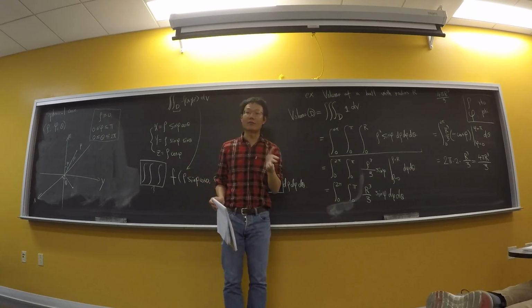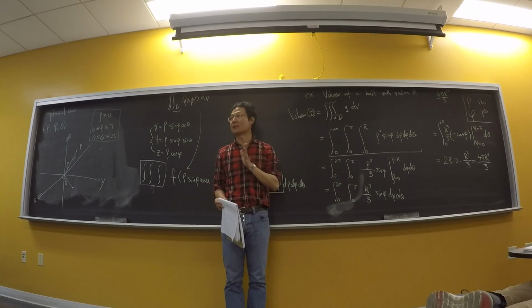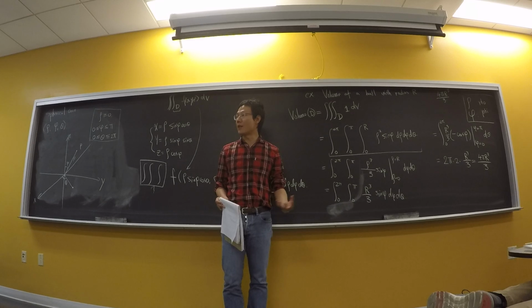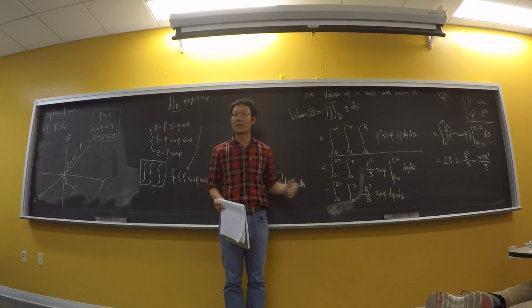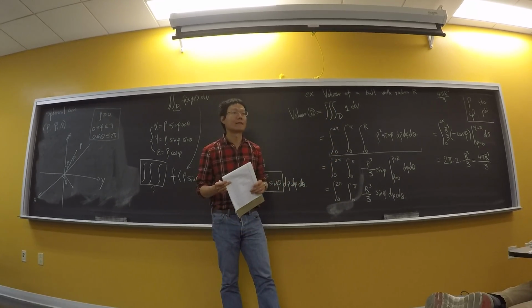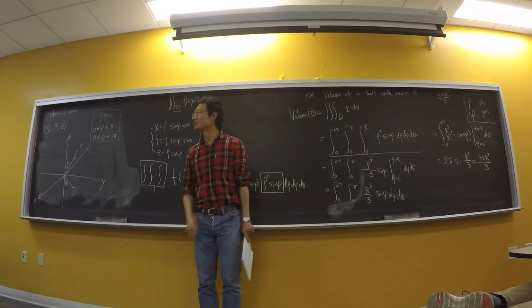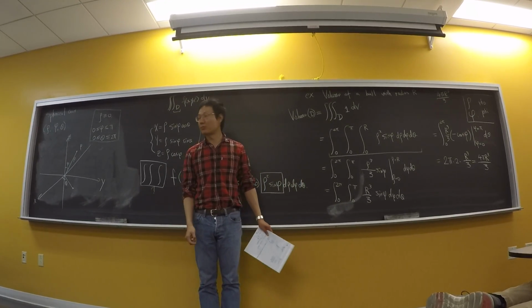If the integrand contains x squared plus y squared plus z squared, or the integrating region is a ball or some piece of a ball, then using the spherical coordinate system will be much more friendly. This is probably the easiest case.